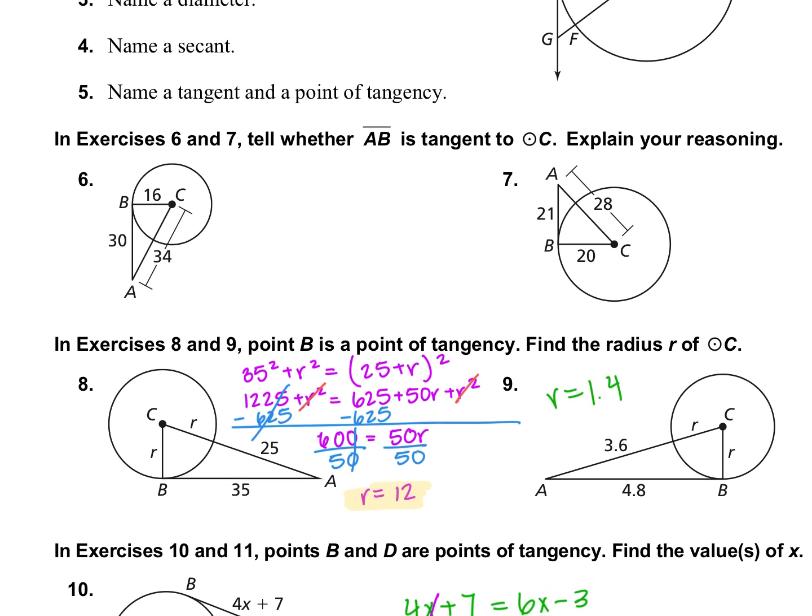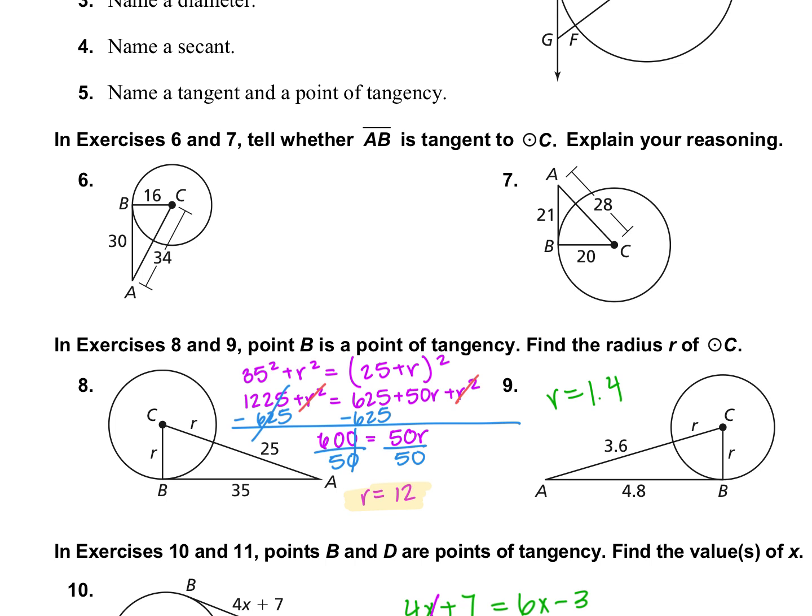All right, almost done. These, you should have used the Pythagorean theorem. So you have to know what's your hypotenuse. You have to know which ones are your A's and your B's. So you should have had 30 squared plus 16 squared equals 34 squared. If you solve this part correctly, you should have got 1,156 equals 1,156.